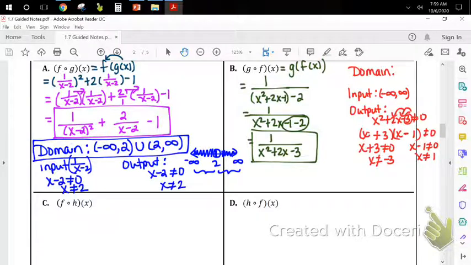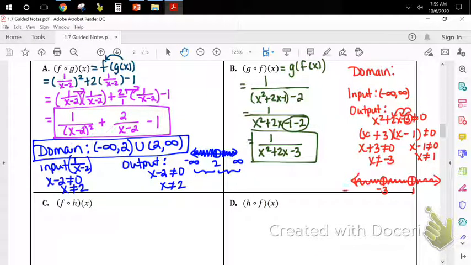So I know that my input says they all work for it, but my output says no, not the negative 3 or the 1. So when we put that together, we can see that negative 3 is going to be an open circle, 1 is going to have to be an open circle, and then they said everything else here works.